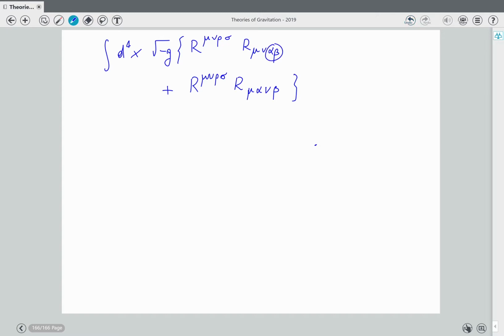It doesn't matter which one, because they are antisymmetric. So alpha, we can say, becomes rho, and beta becomes sigma. Again, the same here down, because alpha has to be contracted either with rho or sigma, but we have antisymmetry in rho and sigma, so it doesn't matter which one we choose. So we have two ways to contract the indices of two Riemann tensors.